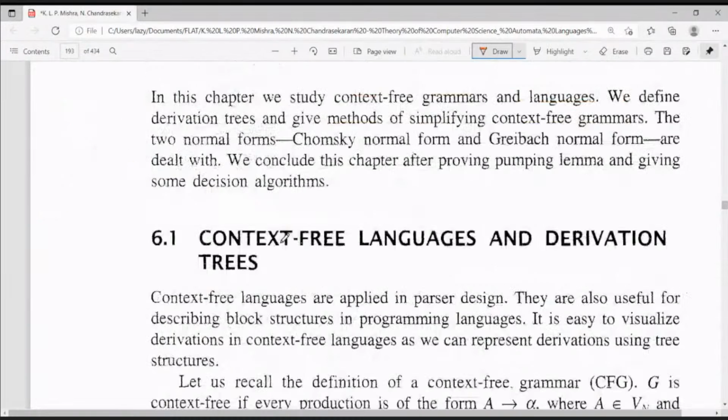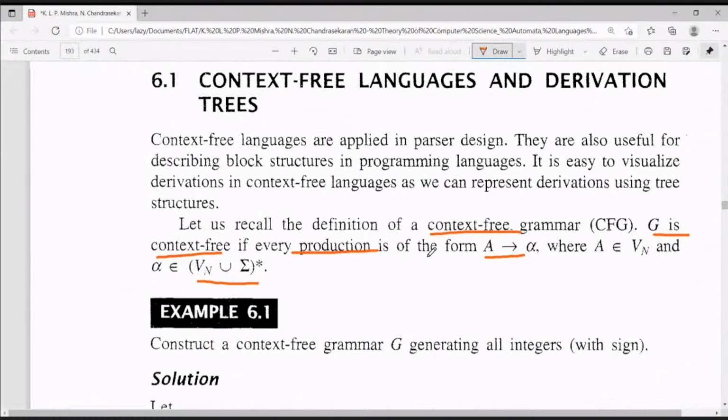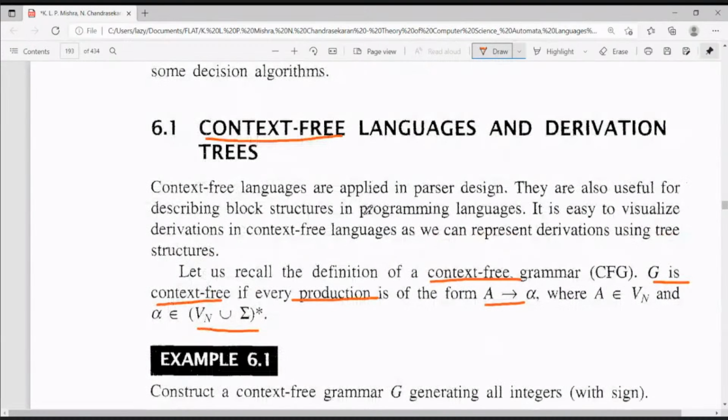If you simply see what the form is over here, this is it. Let us recall the definition of context free grammar. G is context free if every production is of the form A tends to alpha, where A belongs to Vn and alpha belongs to (Vn union Sigma) star. This is the definition for context free language.